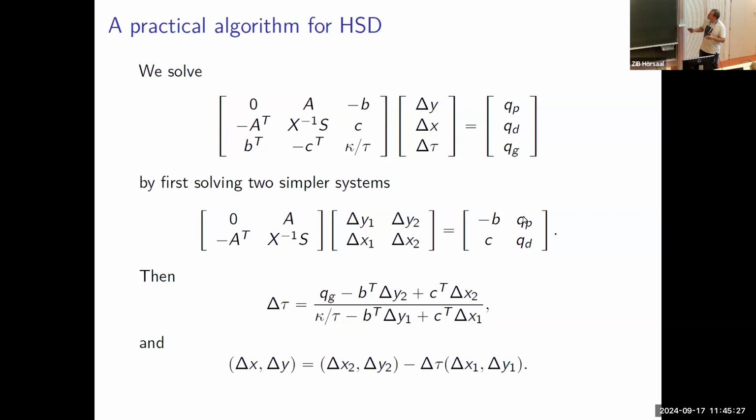From these two solutions, it's easy to find delta tau in this way, and once you have delta tau, you find delta x and delta y by a combination of the two. I'm going to stick with my claim that this is easy to verify, and that's how it's normally solved.